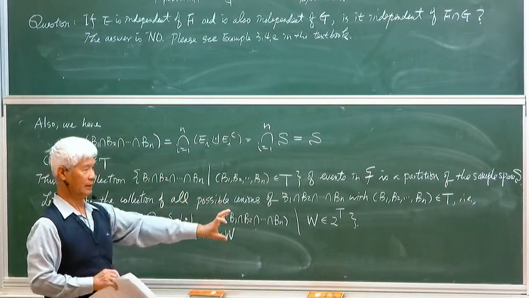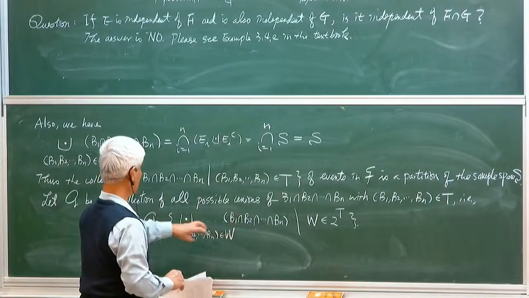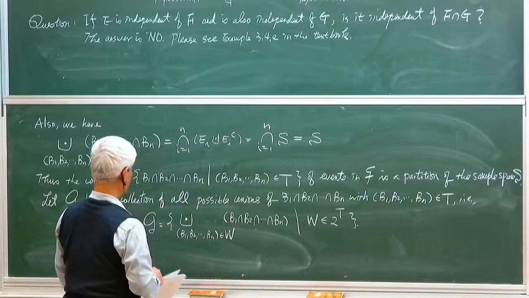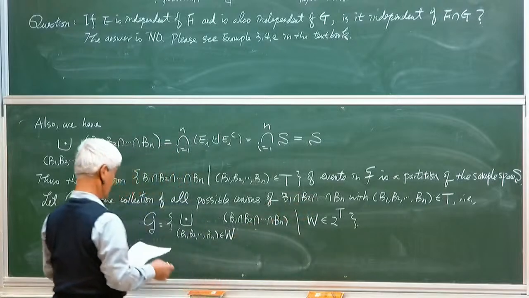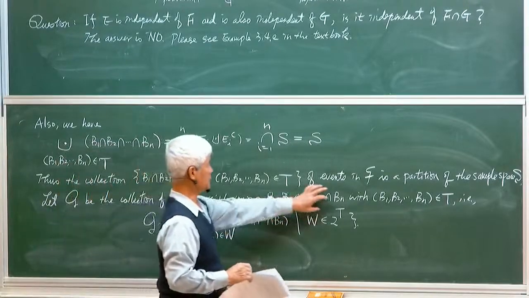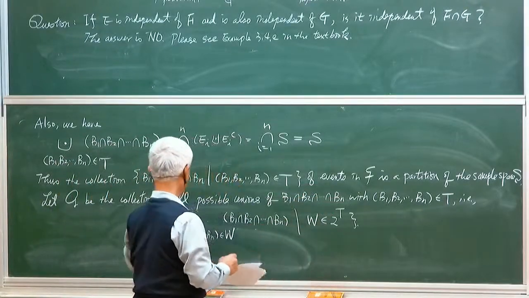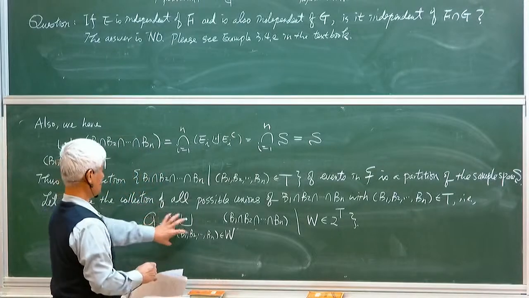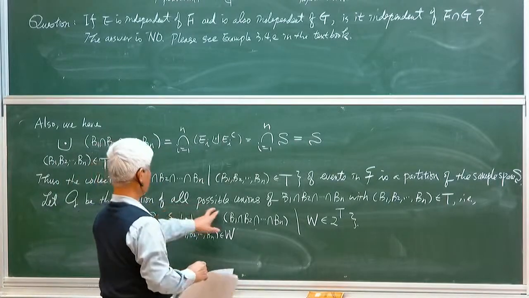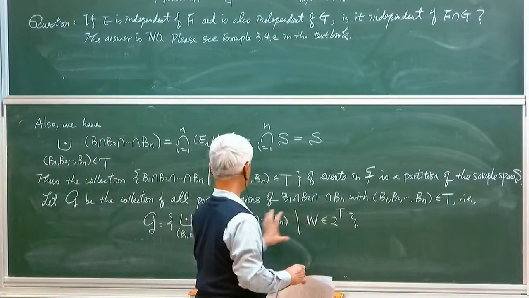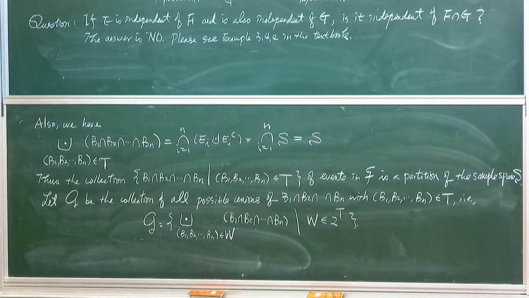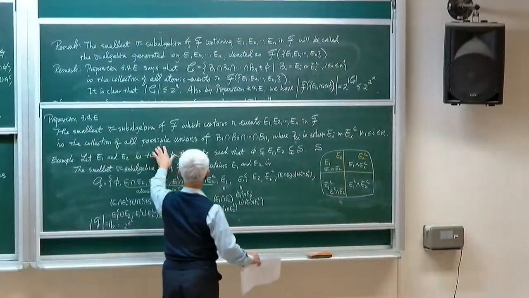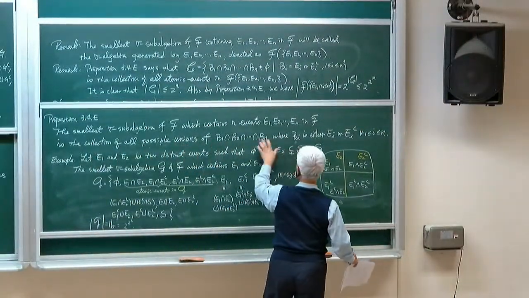We can still consider these intersections, even though the result would be the empty set. So anyway, G is just the collection of all possible unions, just like we described in the proposition.